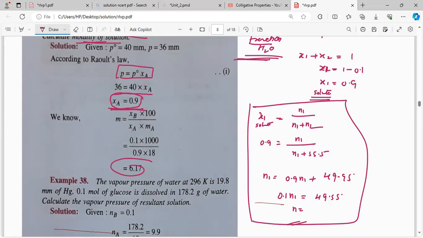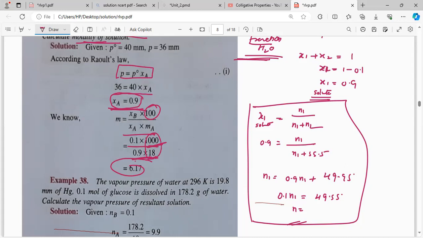So m is equal to xb upon xa upon ma, times 1000. They are using the formula of molality directly, with 1000 and 18 for water.